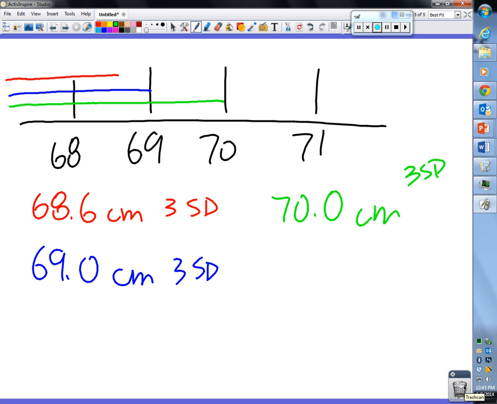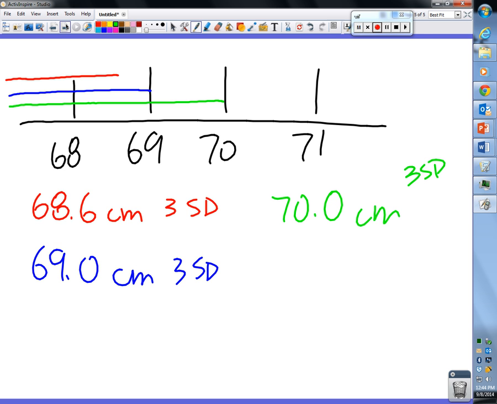Rule D says zeros at the end are significant if there is a decimal point, regardless of whether it comes before the decimal point or after it. Those 2 zeros are both at the end of the measurement. One comes before the decimal point, one comes after, but because there is a decimal point, they're all significant. Good there.